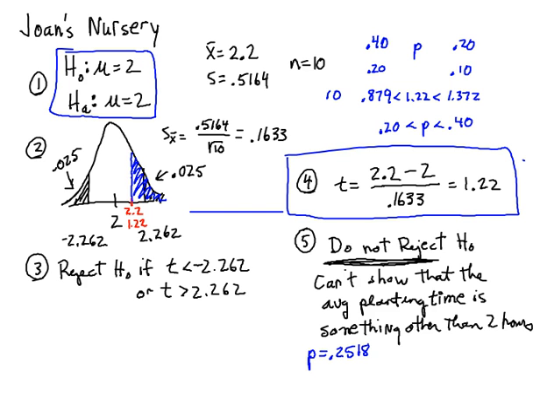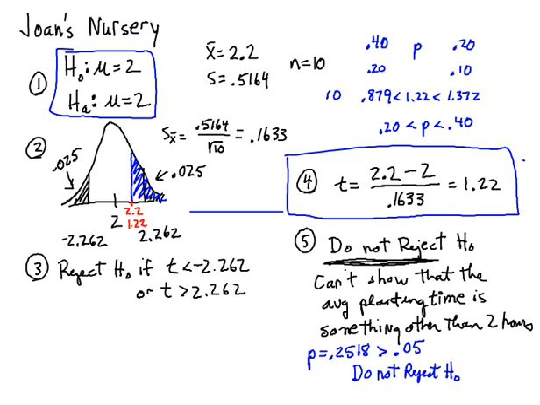And that value is greater than 0.05. So that would draw me to the same conclusion: do not reject h sub 0.